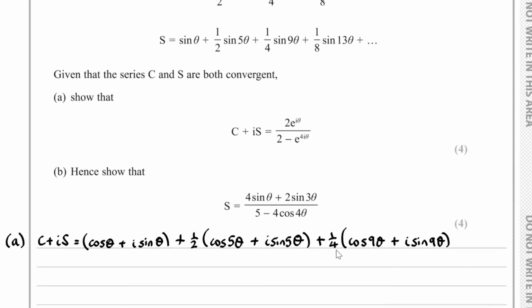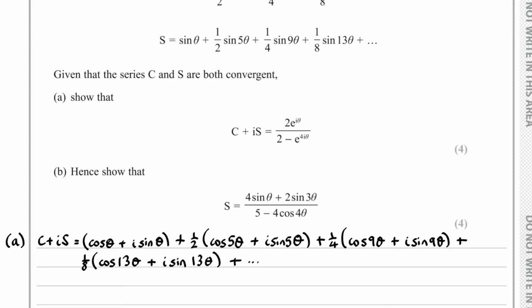And then finally, we have 1/8 times cos of 13 theta plus i sine of 13 theta. And then we have other terms as well.